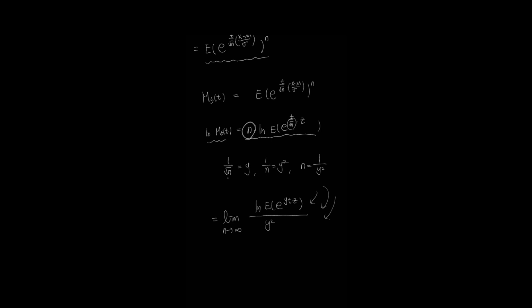And when n goes to infinity, y is just going to shrink to 0. So we know that y goes to 0, and it's a 0 divided by 0 form. So it's the perfect condition to use l'Hopital.